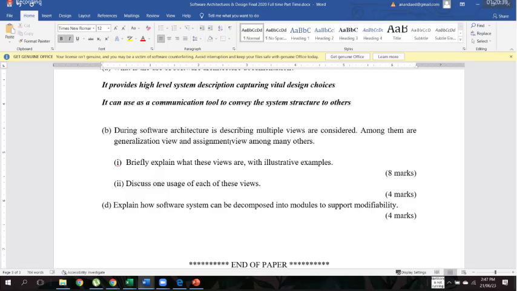So you have to explain what the generalization view means in terms of classes; generalization is used in object-oriented design. And the assignment view. You don't need to go into great detail, but in simple terms, briefly explain the idea. It's sufficient to explain the idea, with a simple illustrative example when required.